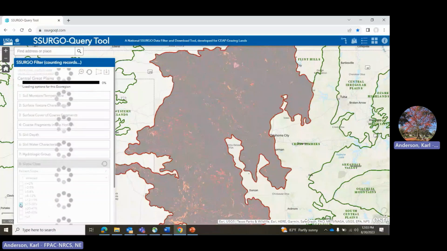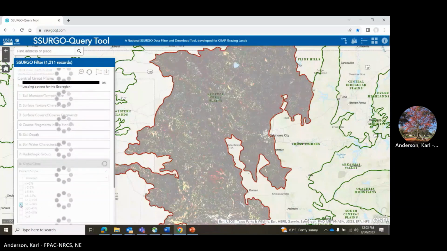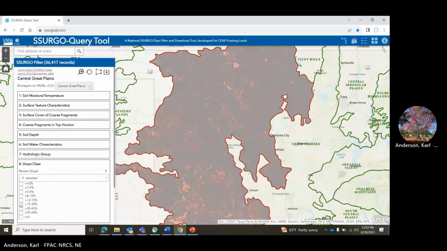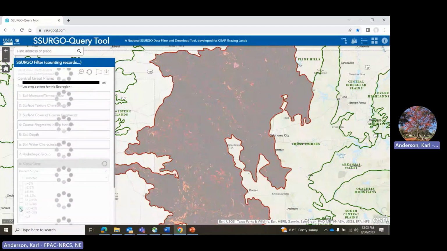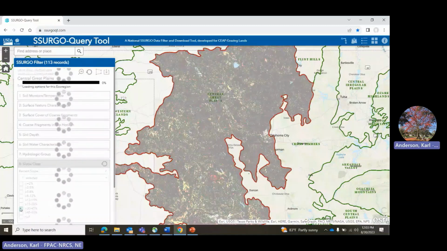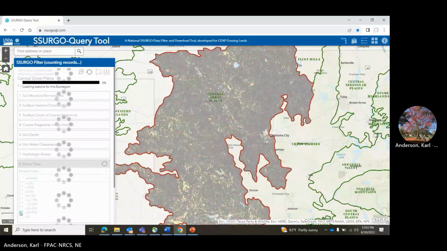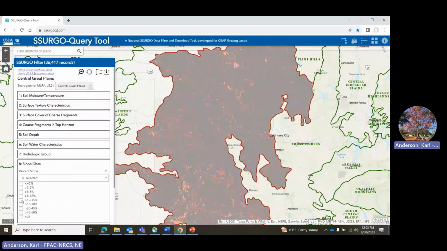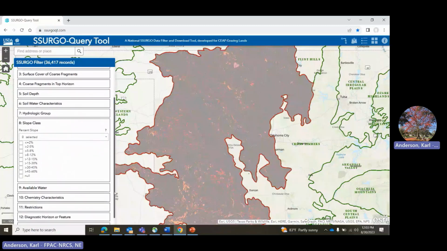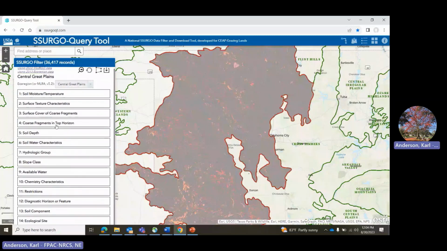And as we keep rising on the slopes, there's less and less soils within that area. So yeah, especially on those areas down here, we're looking at doing some cropland practices. We're looking at slopes that aren't too much.